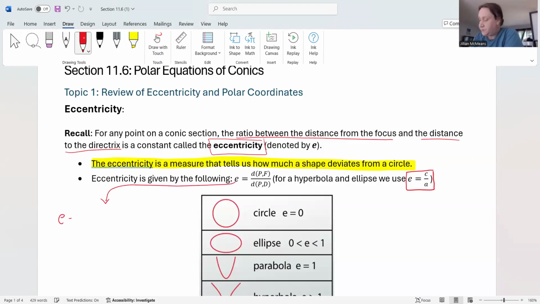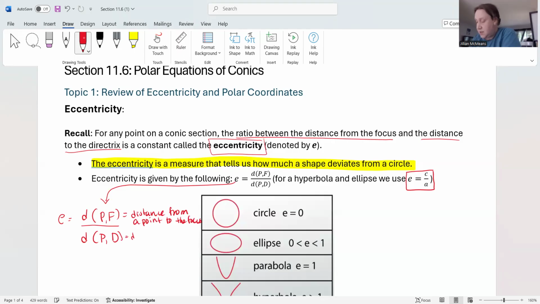We have e equals this over this. This little d, and then in parentheses, big P comma F, is just saying we're looking at the distance from a point to the focus, either focus point.